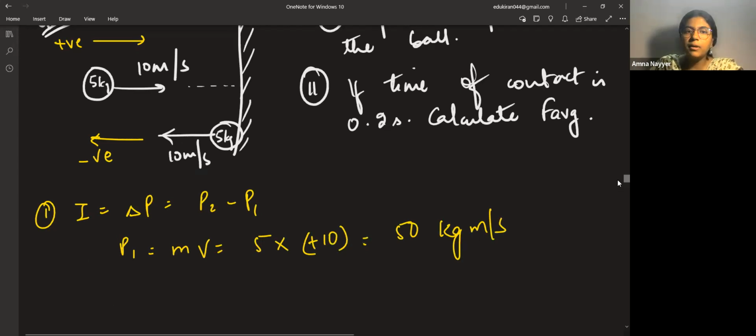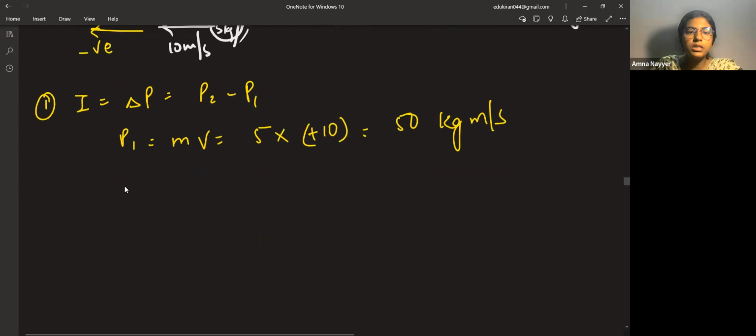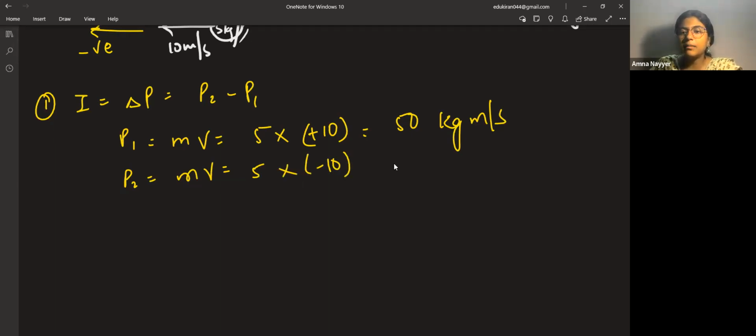When we are talking about the second one, P2, mass into velocity. This is 5 into minus 10. So that becomes minus 50 kg meter per second. Coming to change in momentum, what is P2? P2 is minus 50. Then this minus sign, then P1, P1 is 50.